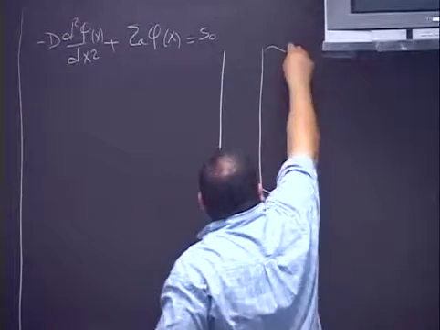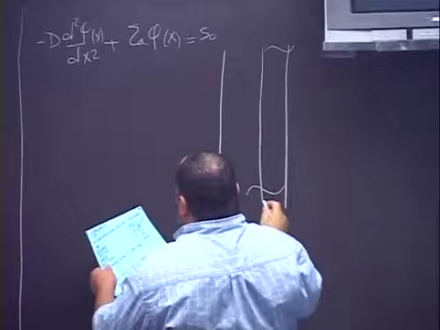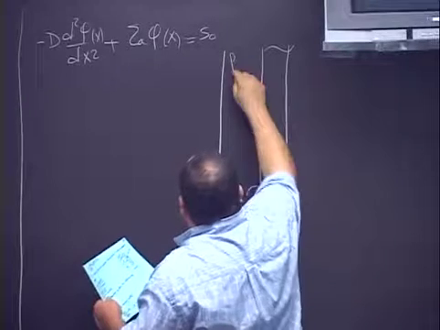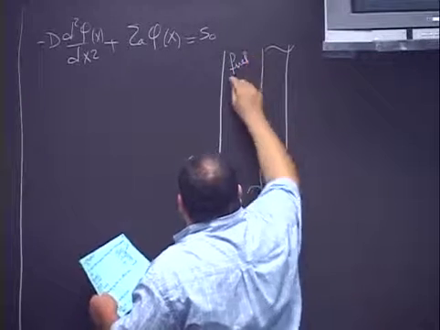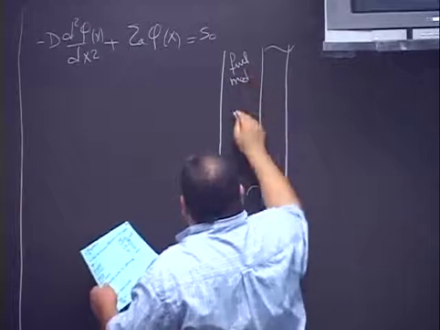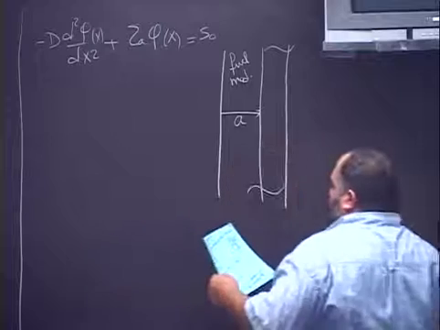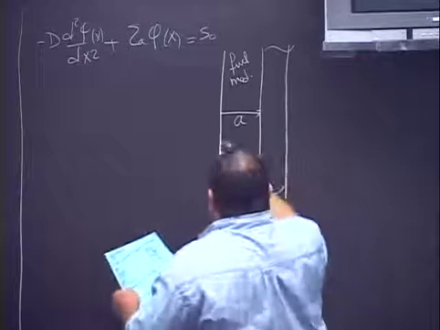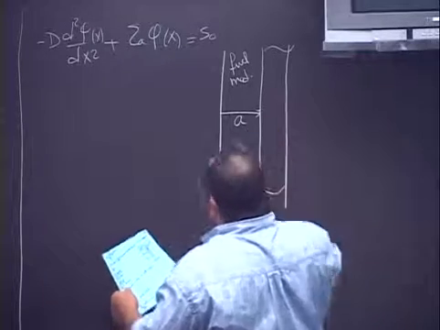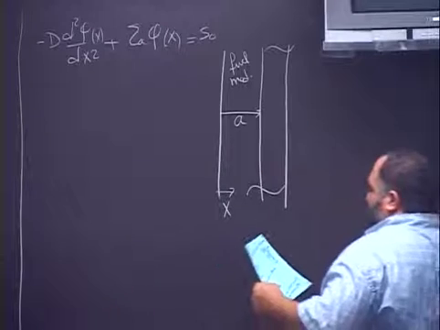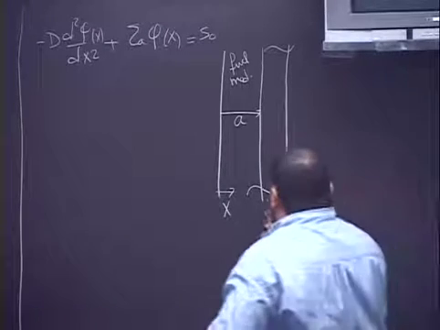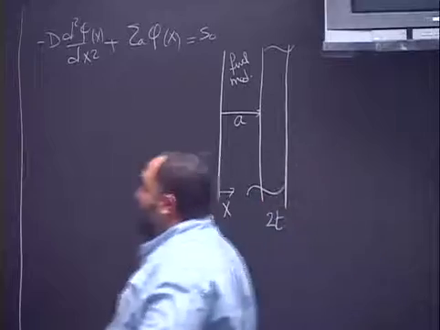Here is the control rod, and this is the fuel moderator region, and this is the A now, the distance between the moderator and the control rod, and the control rod has thickness 2t.